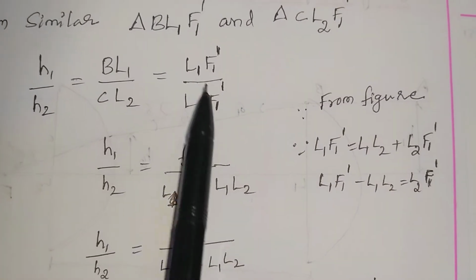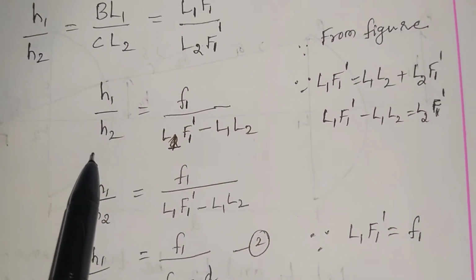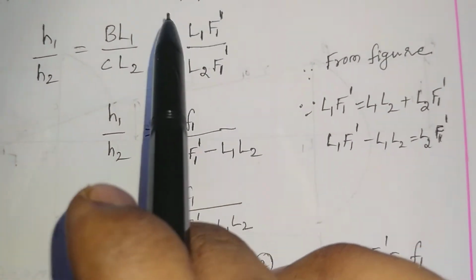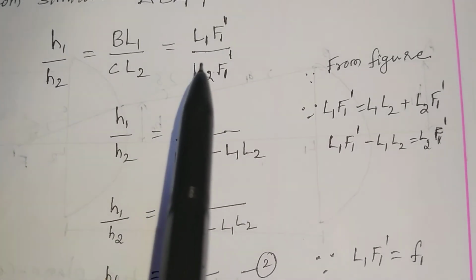So BL1 by CL2, that means h1 by h2, is equal to L1f1 dash by L2f1 dash. Here L1f1 dash is the focal length of the first lens, that is f1.